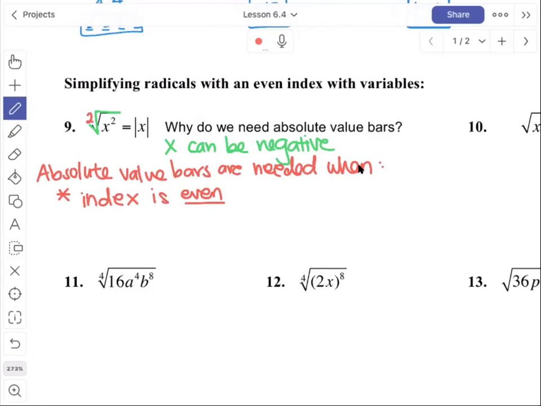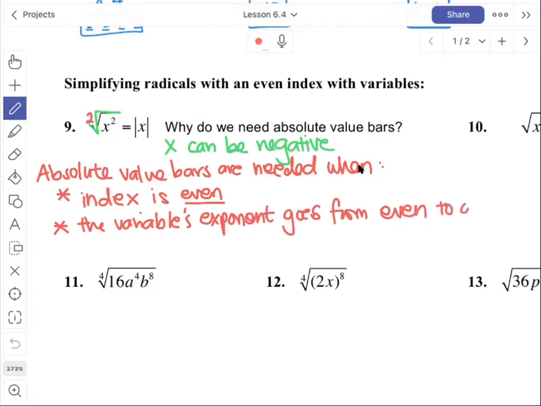And this is the key right here: the variable's exponent goes from even to odd.